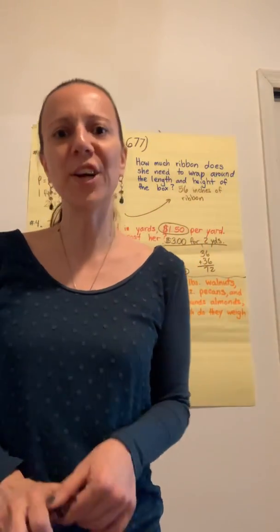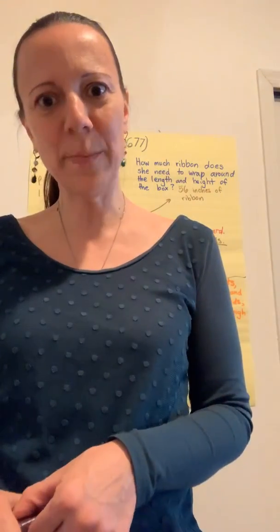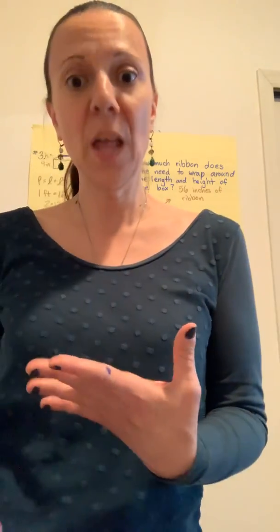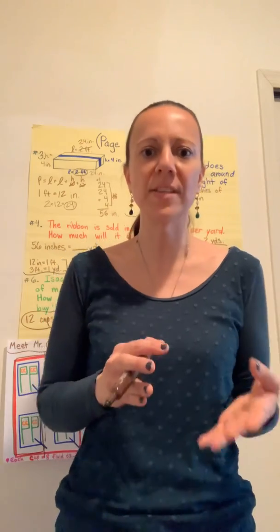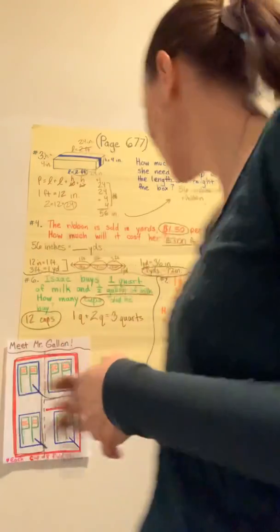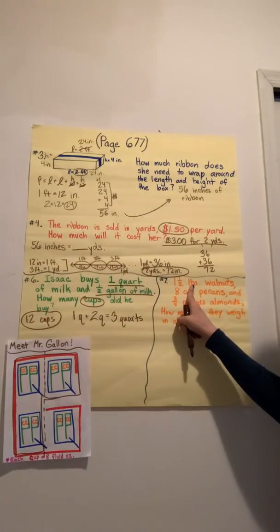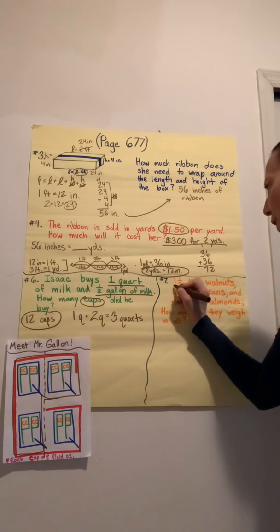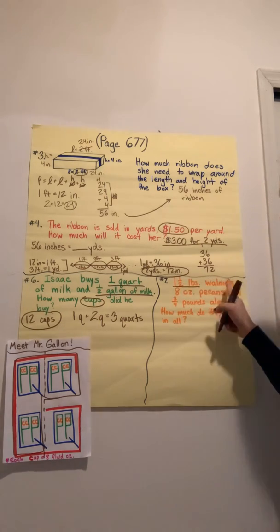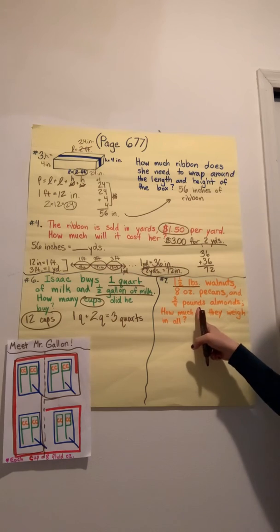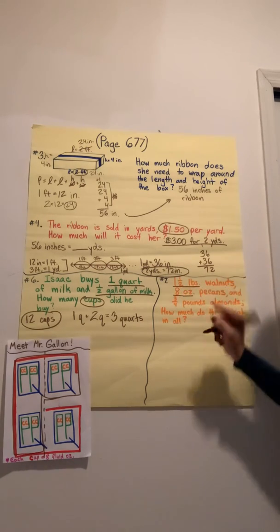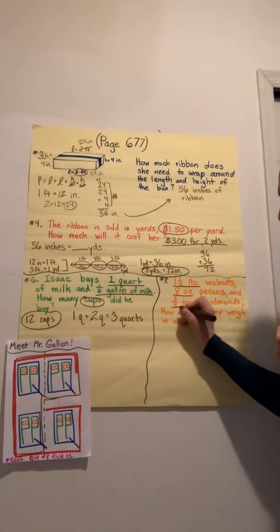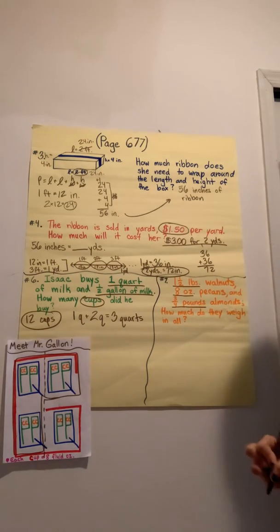Okay, last question we're going to go over together is the third kind of measurement we've talked about, which is weight. Weight in customary units is our ounces and our pounds and our tons. So if we look at problem number 7, here's my different units again. 3 different kinds of nuts this person is buying. 1.5 pounds of walnuts, 8 ounces of pecans, and 3/4 pounds of almonds.